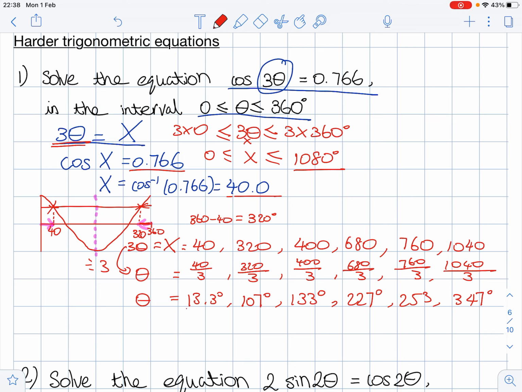So why are the values like this? Because remember, this is cos 3 theta, which basically is just a stretch of our graph.